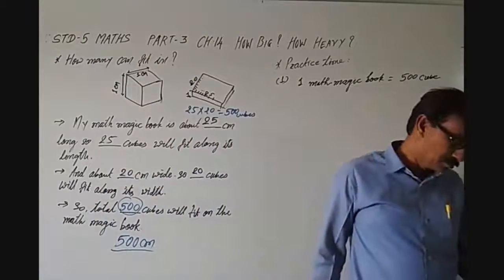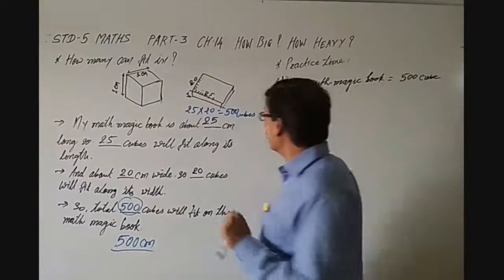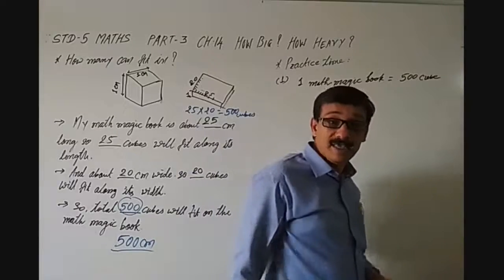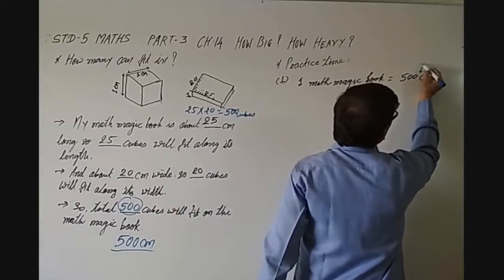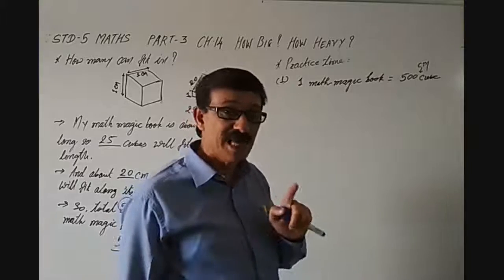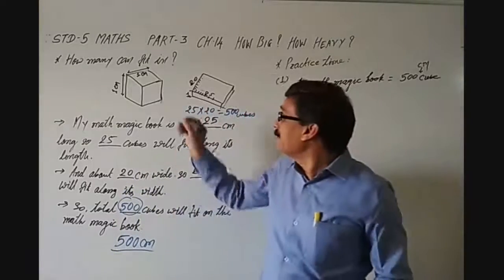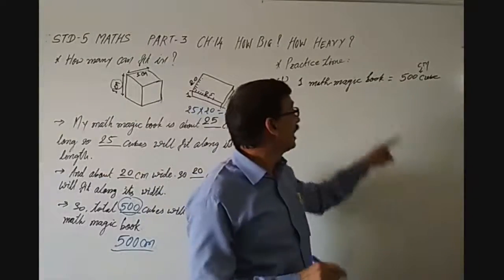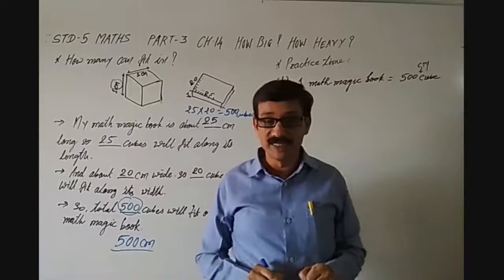But here you should know that it is centimeter cubes. 500 cubes are there, but what is the size? That is in centimeter. So we should write 500 centimeter cubes for one mathematics book.